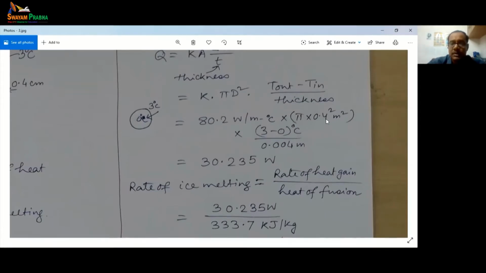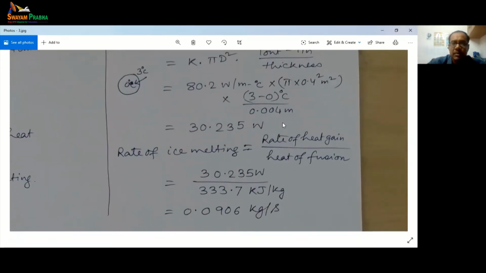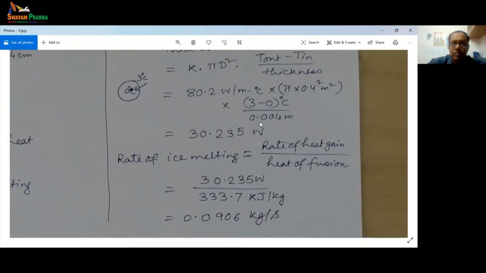So 40 centimeter turns out to be 0.4 meter, so this pi d square is 0.4 meter whole square. And T out and T in are 3 degrees centigrade and 0 degrees centigrade. Thickness also we have converted into meter from centimeter, so 0.4 centimeter means 0.004 meter.